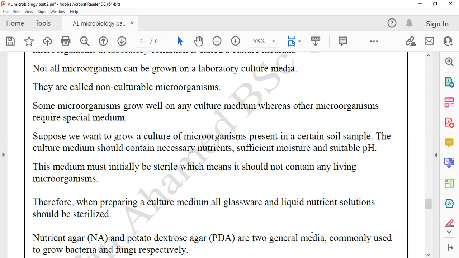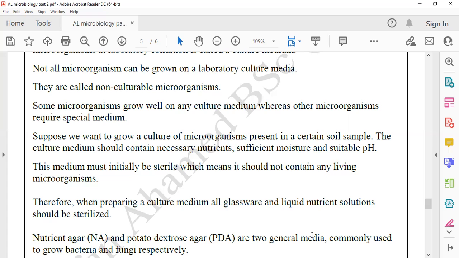For that reason, after completing it, we will sterilize that medium. The glasswares used there should be sterilized. The materials used there should be sterilized. After sterilization, you have to introduce your sample. Then only your sample microorganisms will be received.